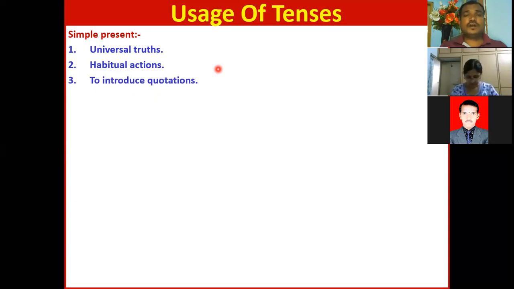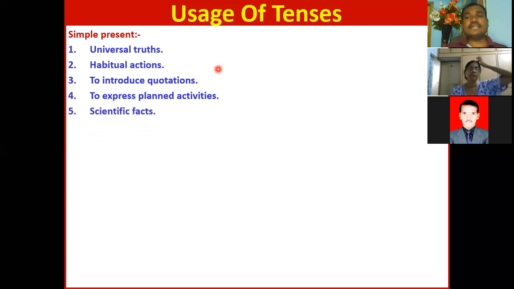To express planned activities or planned actions. For example, if you have any schedules or if you have planned any work, any business plan, then you can use simple present tense. You can explain that concept in simple present tense. Next, scientific facts should be mentioned in simple present.